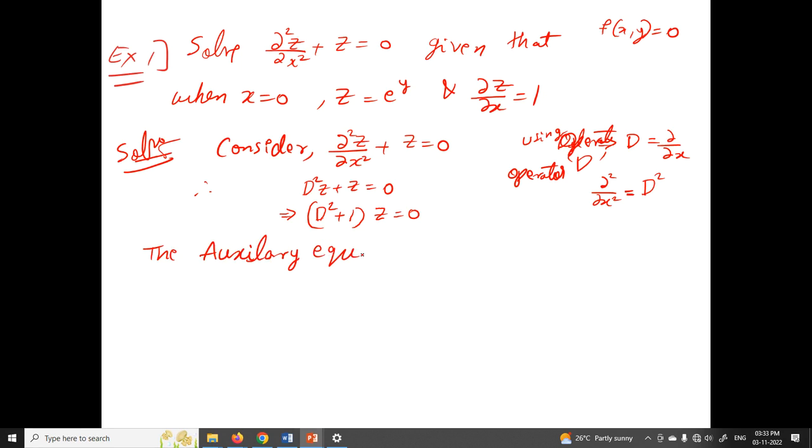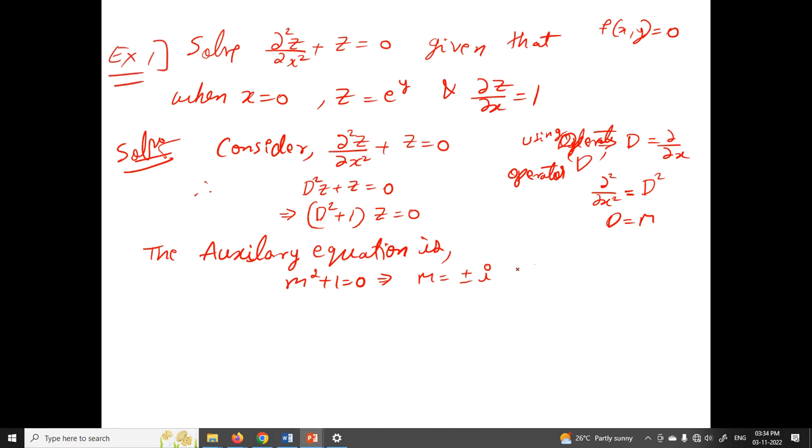What is the auxiliary equation, students? This D will be considered as m, and then this equation must be equated to 0. z cannot be 0, therefore automatically m² + 1 = 0. That implies m = ±i. Is it clear? So this is how we have to find the solution of the auxiliary equation.